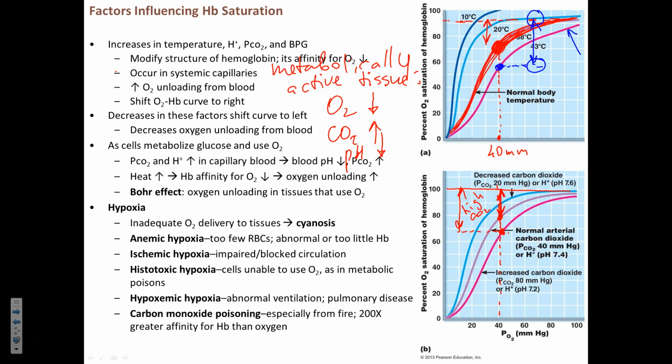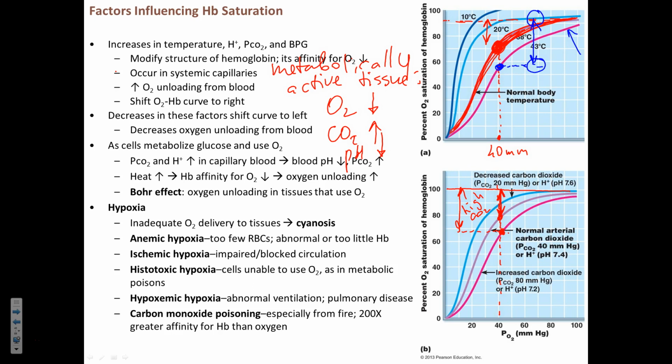So metabolically active tissues are warm, deoxygenated, carbon dioxide rich, and acidic. Lungs are oxygenated. Think about alveoli. A lot of oxygen, not a lot of CO2.